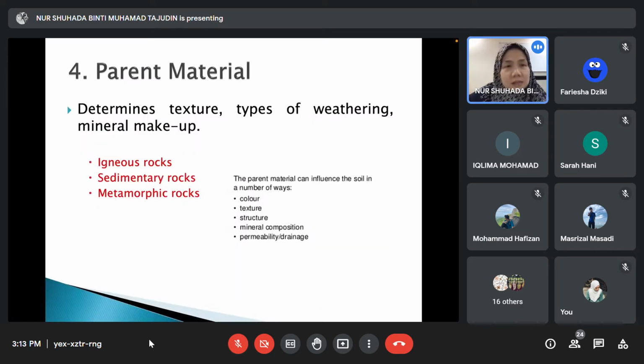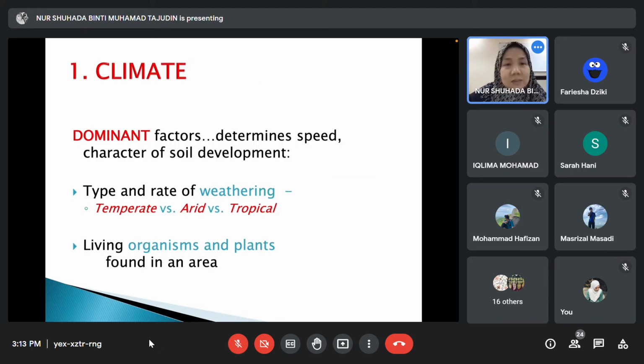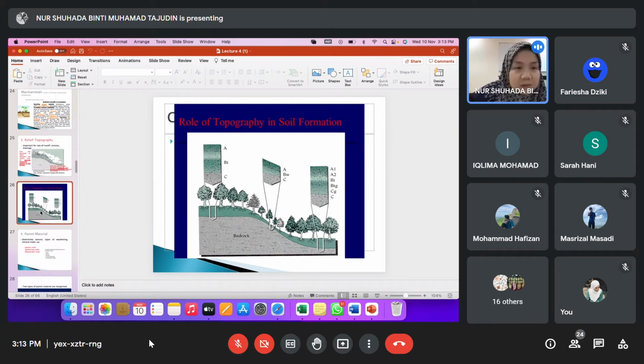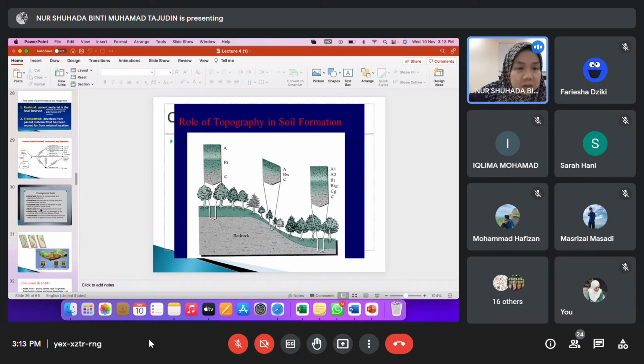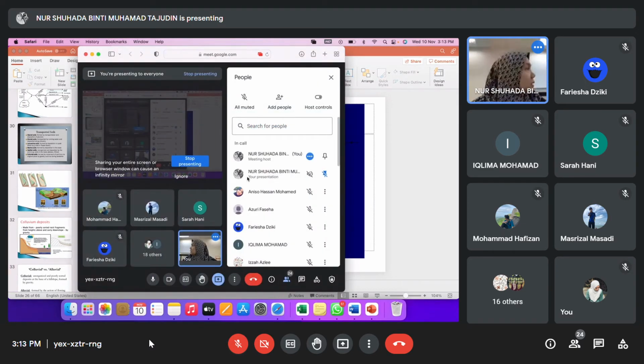First time tadi kita cakap pasal paramaterials ke? Climate lah mula-mula, not paramaterials. Siapa cakap paramaterials tadi? Okay, so sekejap saya tunjuk the picture of the soil. Ada tak soil auger?